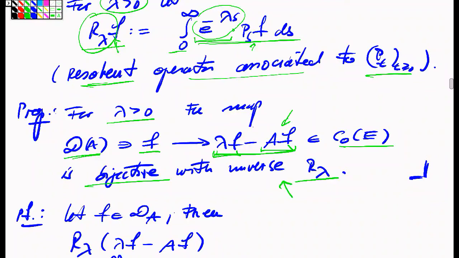The statement that the resolvent is the inverse of this operator leads sometimes to the shorthand notation for the R lambda map.